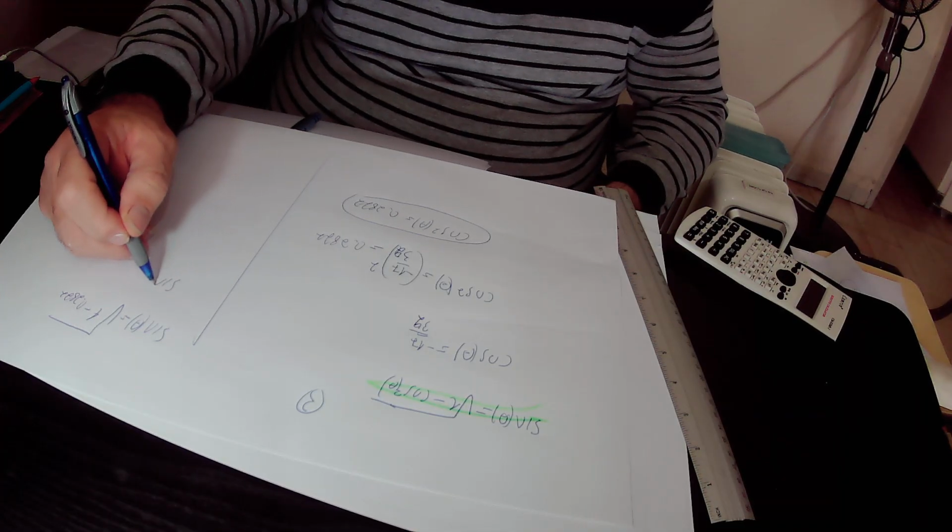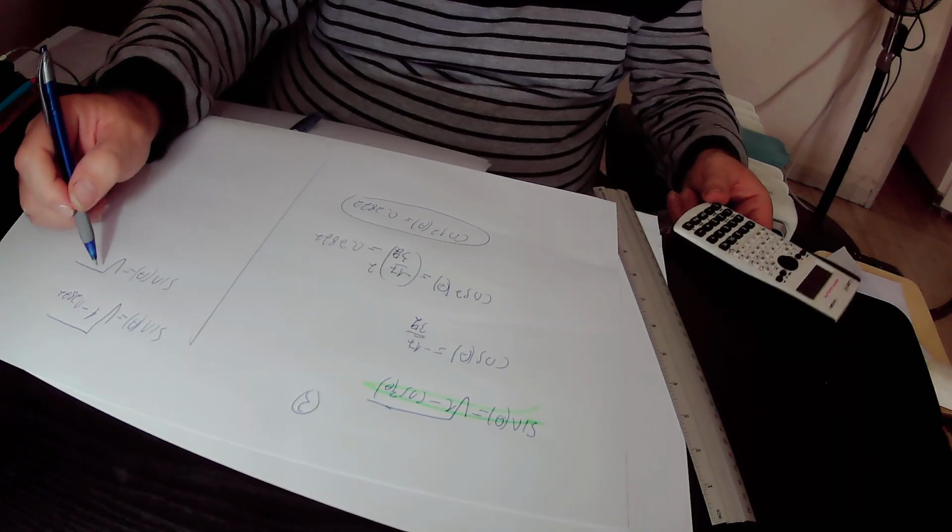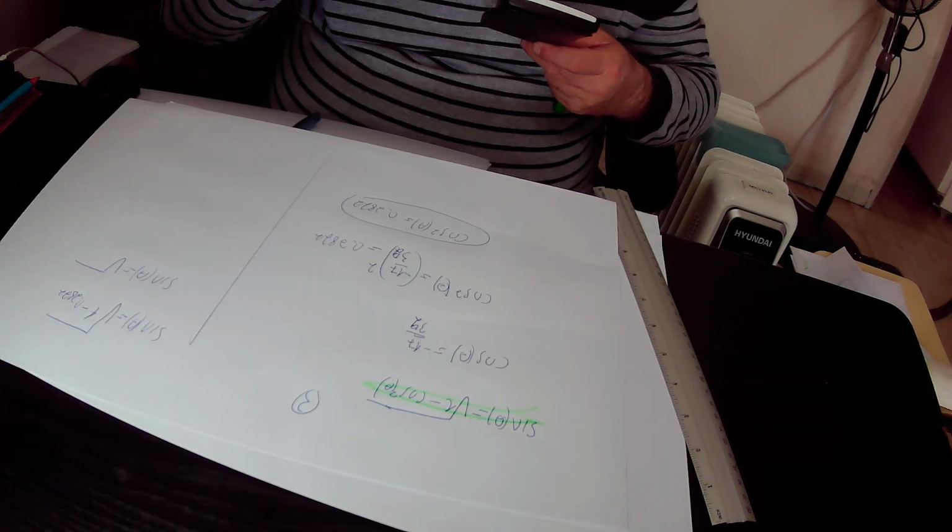So sine theta equals to the square root of 0.7177.